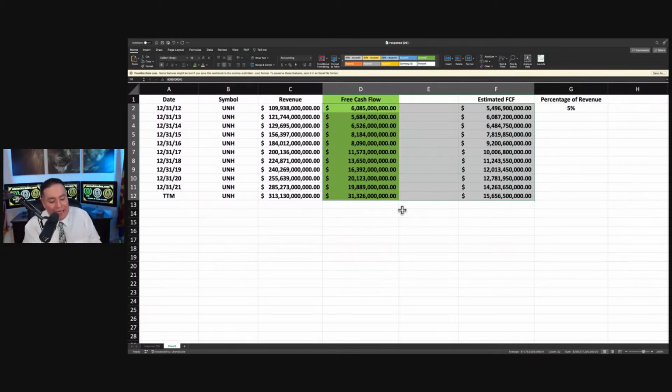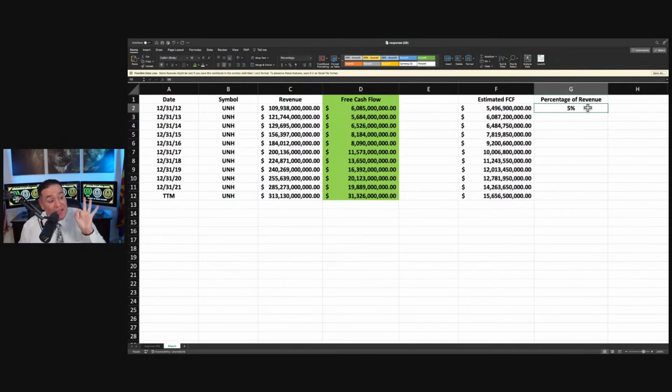So if you apply that, with this tailwind of an increasing, aging, diverse population, Clover Health is going to drastically increase, and I believe bump up this revenue estimation of the free cash flow to 10%.